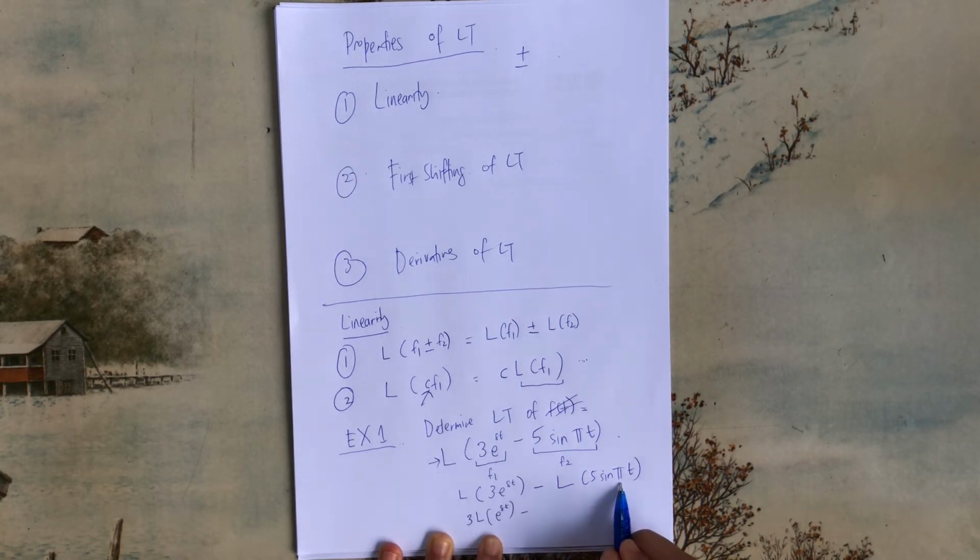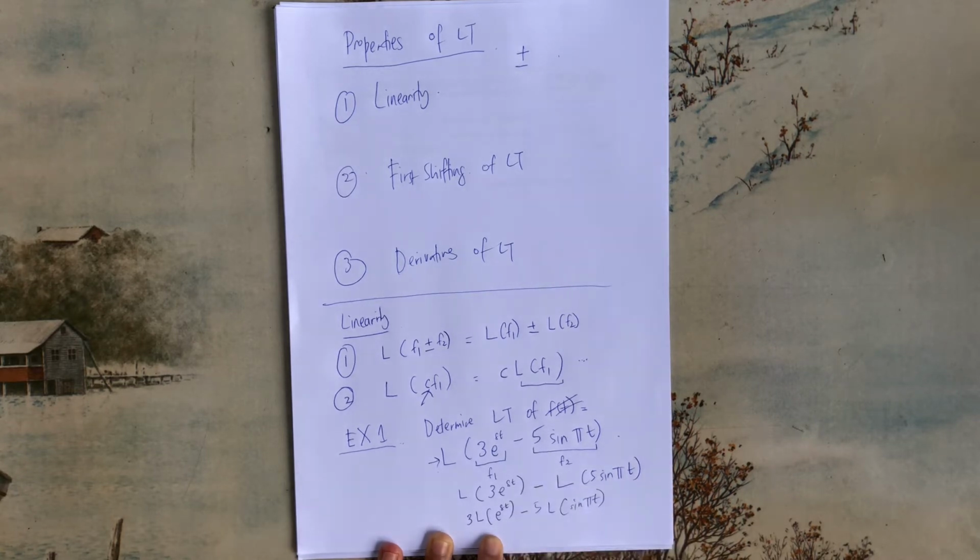We do the same thing here: take out 5, so it becomes the Laplace transform for sin(pi t).